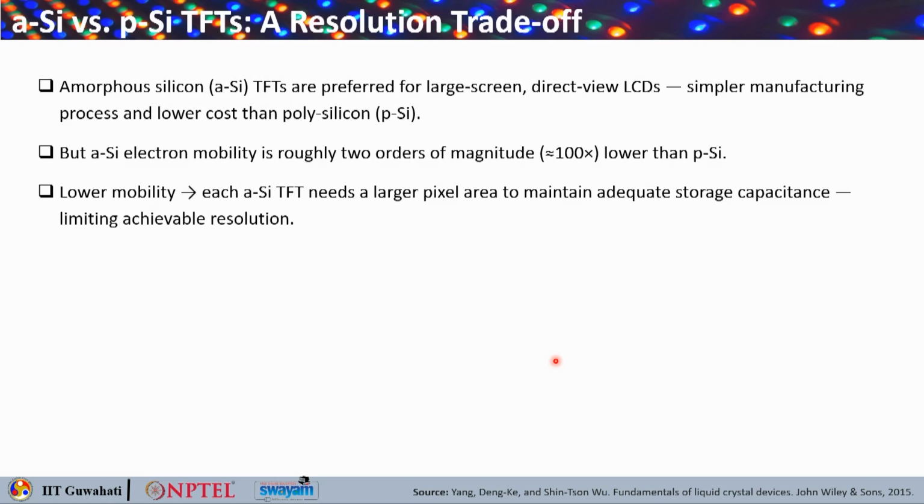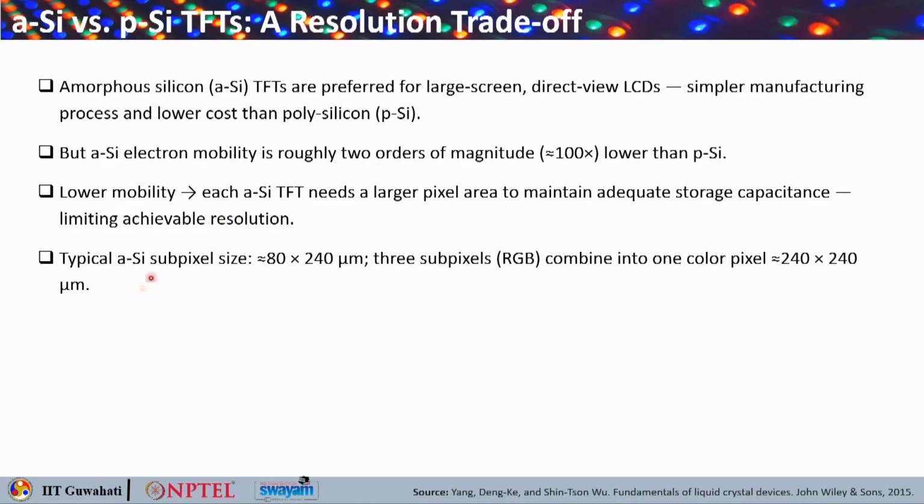And how does lower mobility affect things? With lower mobility, amorphous silicon TFTs need a larger pixel area to maintain an adequate amount of charge storage. That limits the achievable resolution, because the TFT size or the pixel area is larger.